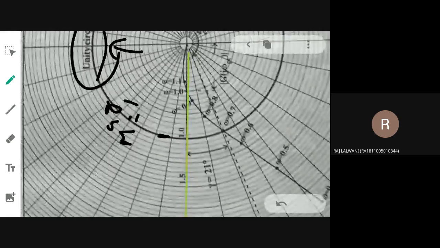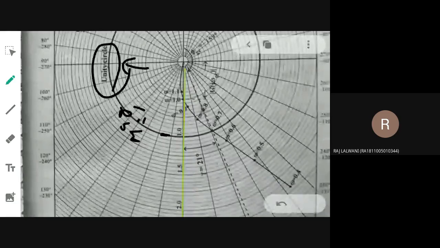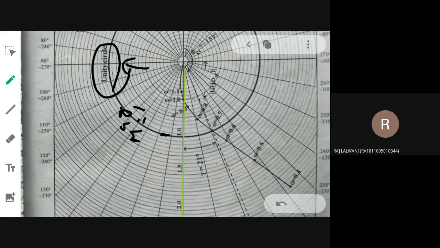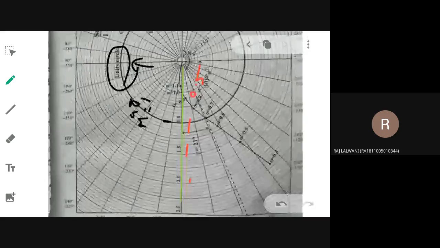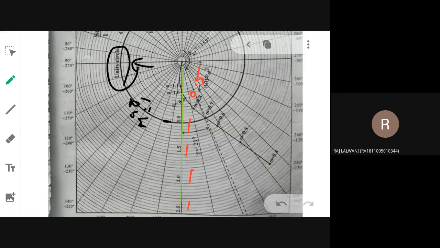Alright. So here they have marked 0.5. Here 1, here 1.5, here 2.5. So this is how you will be marking the scale. You can take your own scale also, but the range should be from 0.4 to 2.2. Within that you have to take the scale. So this point is considered 2.5.